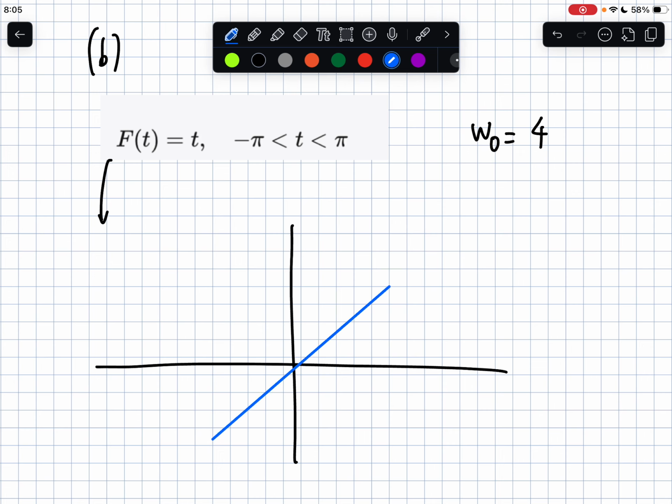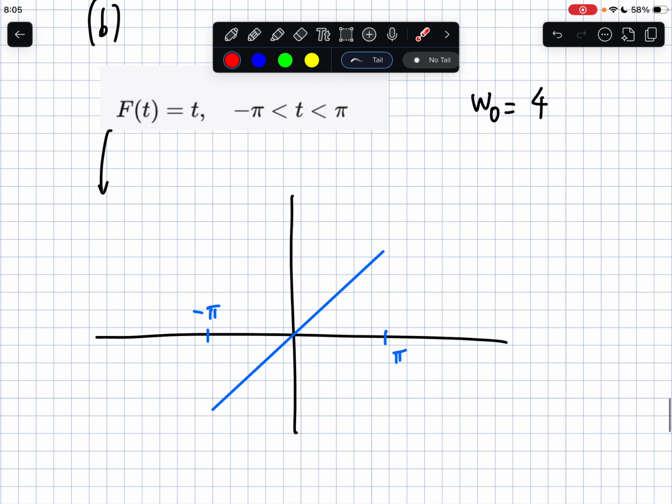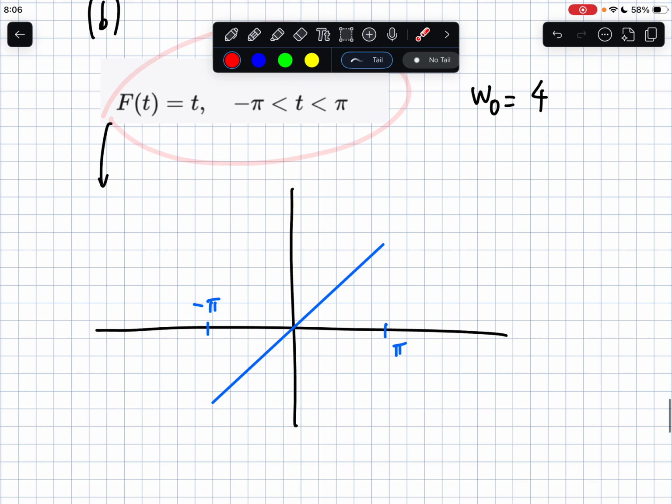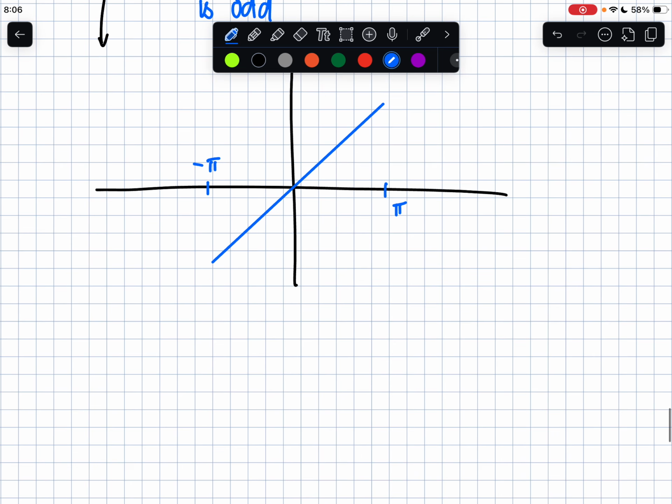So F(t) on that period from minus pi to pi looks like that. You can see here the function F is still odd, and therefore the Fourier series of F contains only sine terms, B_n sin(n pi t divided by L).